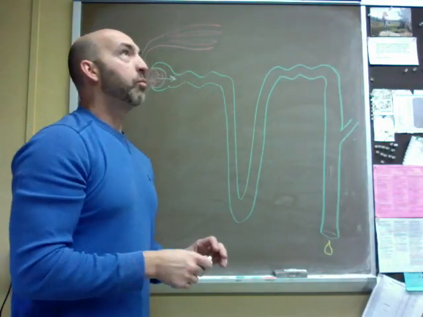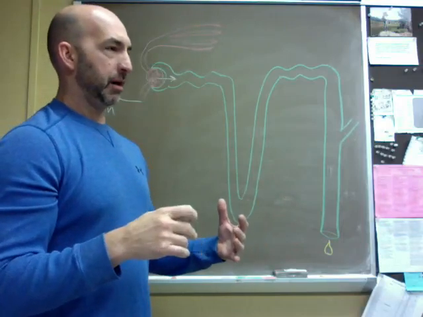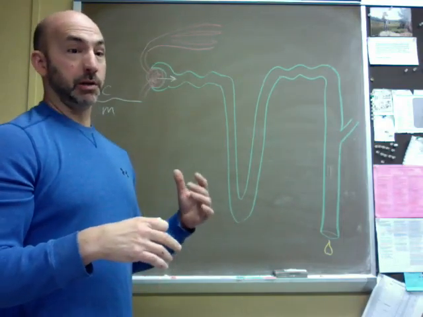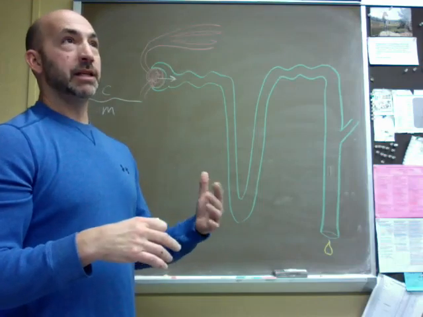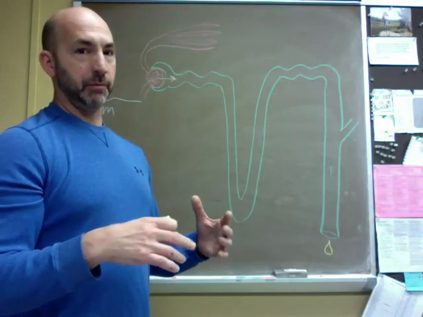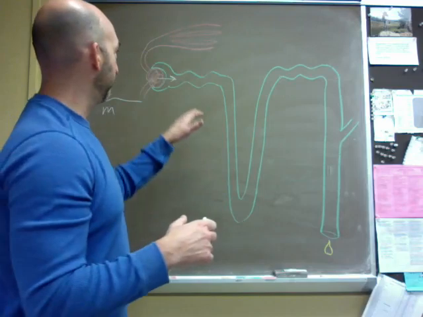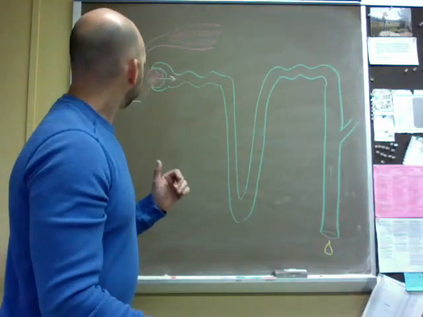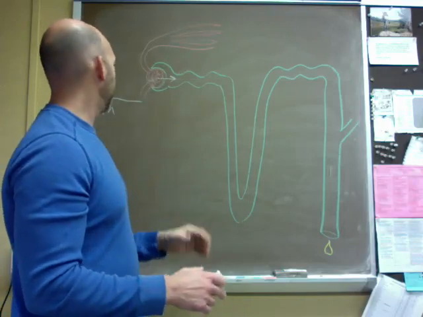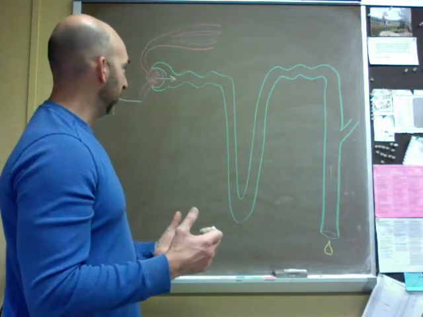Okay, so we filter at a rate that wildly exceeds what we would actually want to excrete, at least for water, electrolytes, and nutrients. Now wastes, we want to pretty much excrete most or even all of what becomes filtered. So in the PCT, we've just filtered this enormous volume, and so now we want to start reabsorbing the things that we don't actually want to end up excreting.